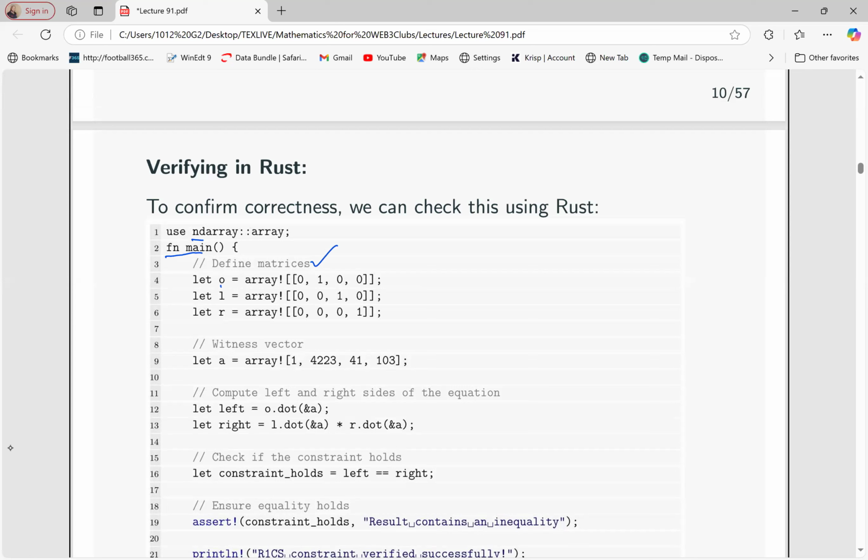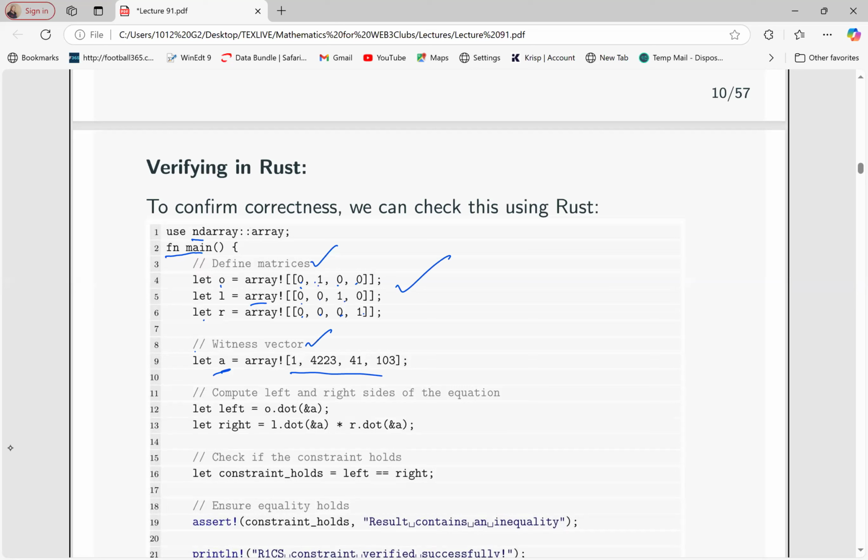The output is 0, 1, 0, 0. And then the left matrix is 0, 0, 1, 0. And then the right matrix is 0, 0, 0, 1, what we had. And then I give it the witness vector, our A, which in our example was this.